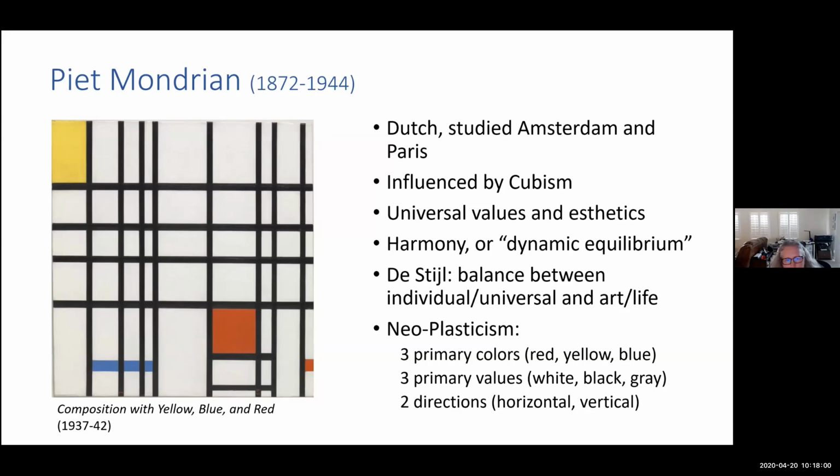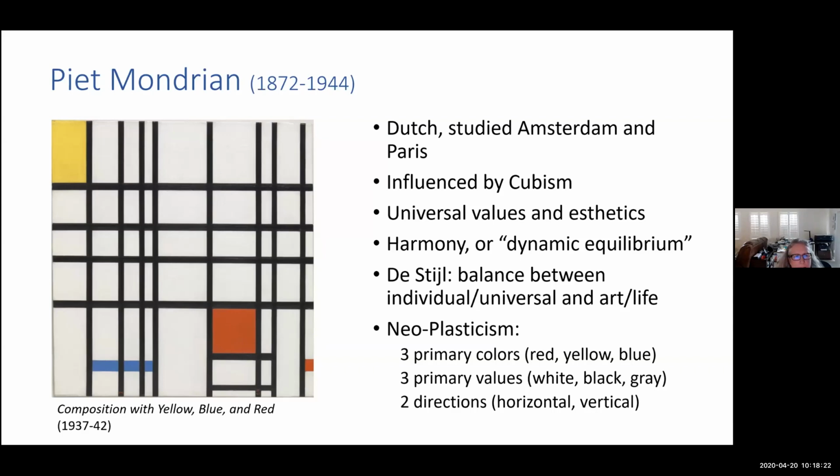Okay, and again, we see balance. The brightness of these primary colors, even though they're fairly small in area, the brightness and the saturation helps balance against the field or the white squares and the black lines.